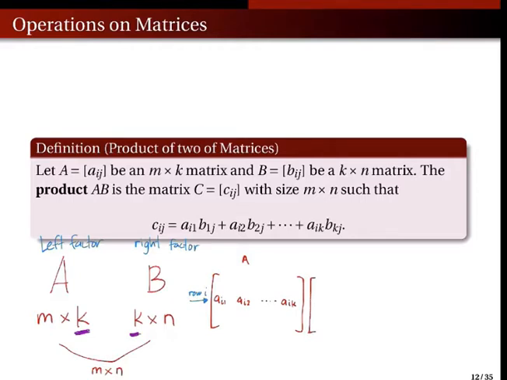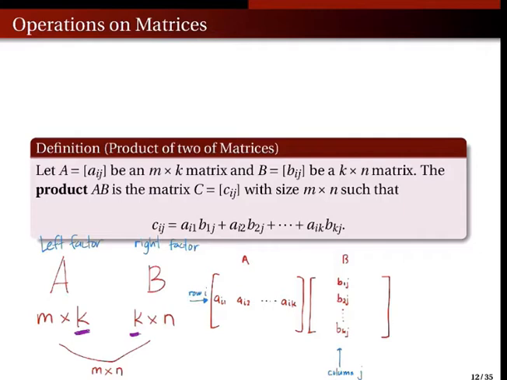And then you have your matrix B in here. This is your matrix B. So this is your B1j, B2j, until you have BKj. Okay? So this means this is your column j. Okay?